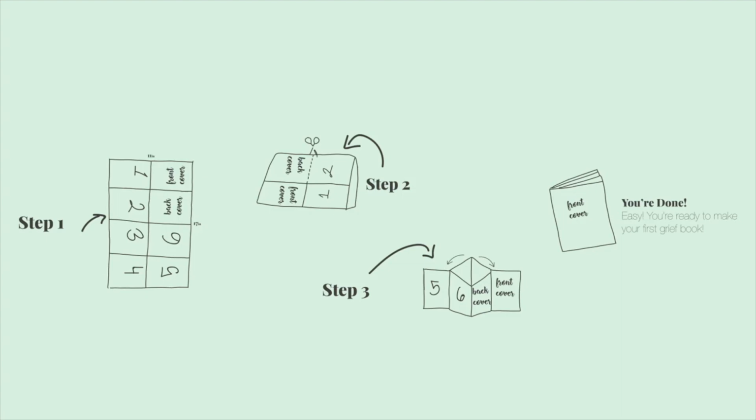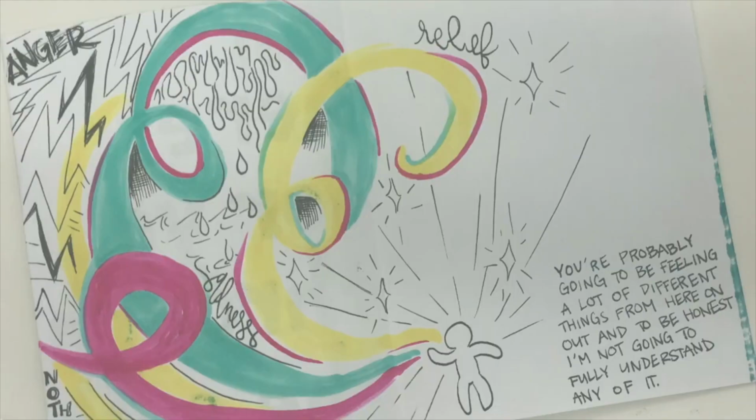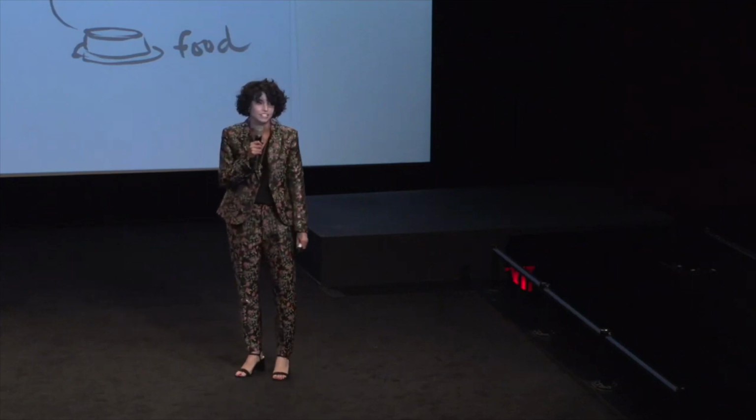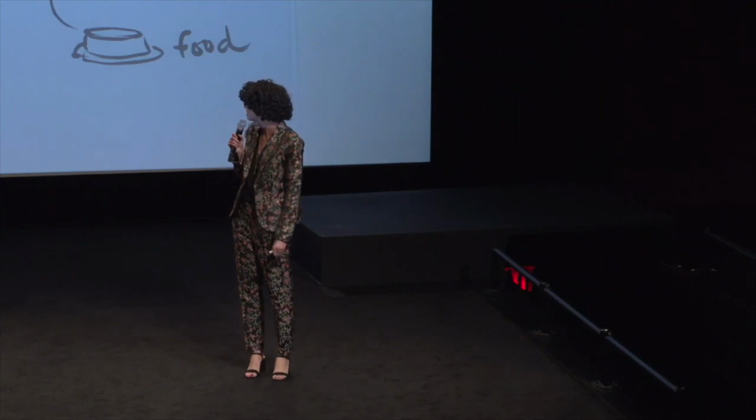You take an 11 by 17 sheet of paper, you fold it up, give it a cut, and you fill the pages with whatever you feel fit to fill the pages with. I have a lot of examples of books that have been made in some of the bookmaking pilot workshops that I hosted.